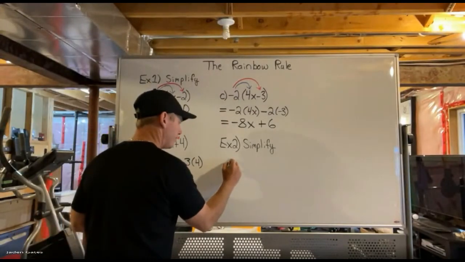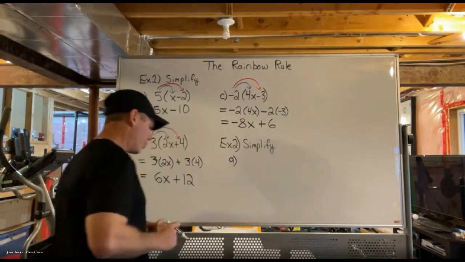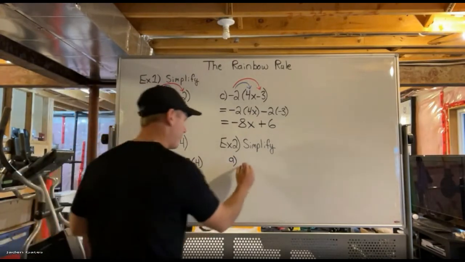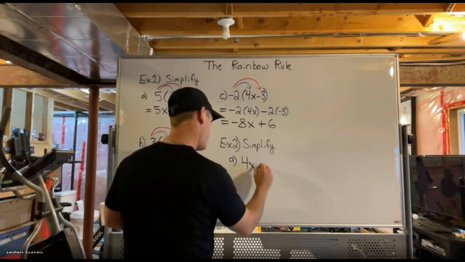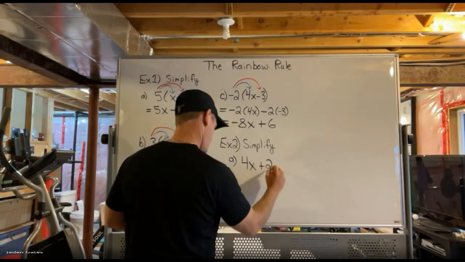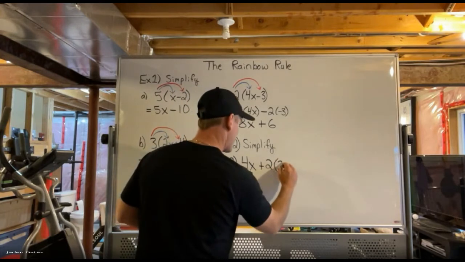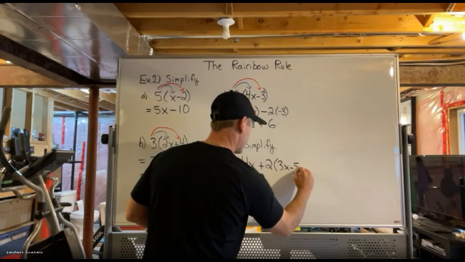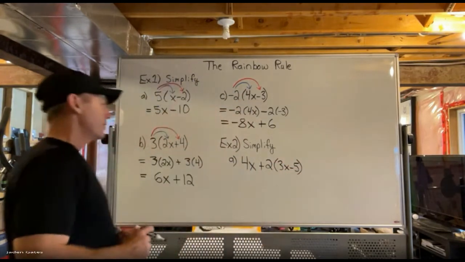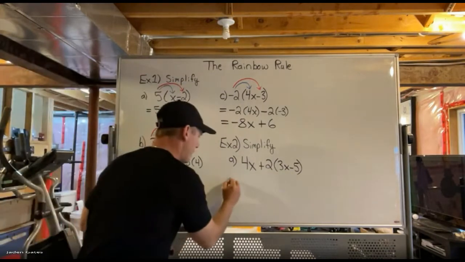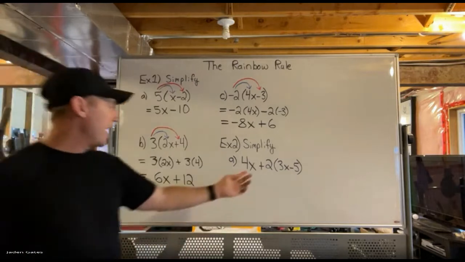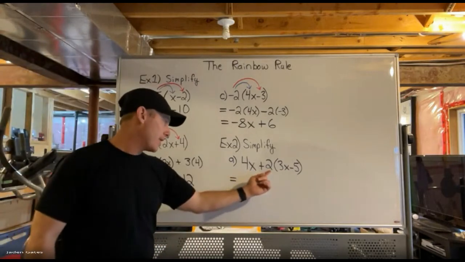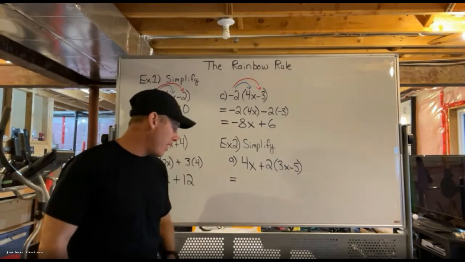All right, now, I'm going to step it up here a little bit. Example 2, where I'm going to simplify 4x plus 2 times 3x minus 5. Now again, I can only use the rainbow rule when we have a term, in this case the number 2, in front of the brackets.